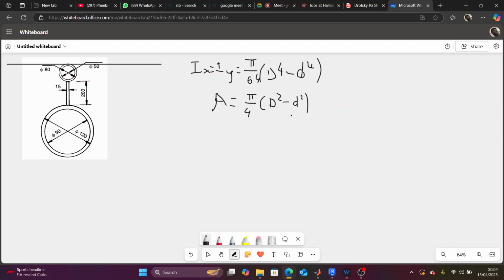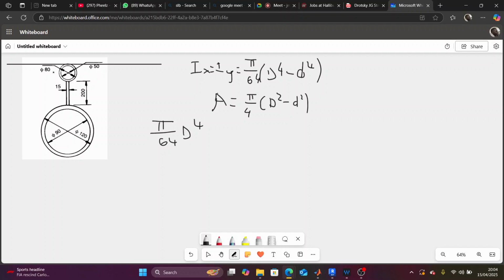Now, how many allos do you see in this problem? 2. Okay. To make it clear, if you have the circle on its own, its moment of inertia is pi over 64 d to the 4.